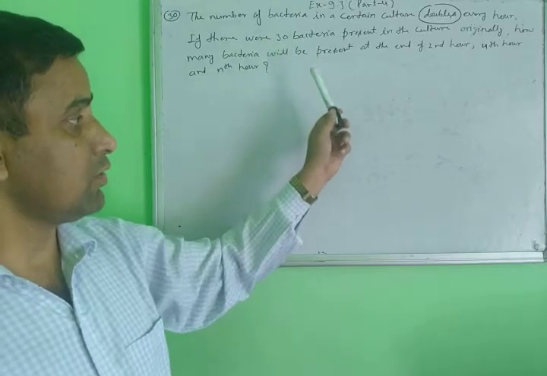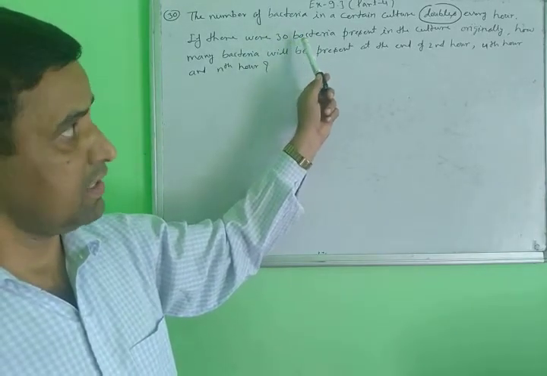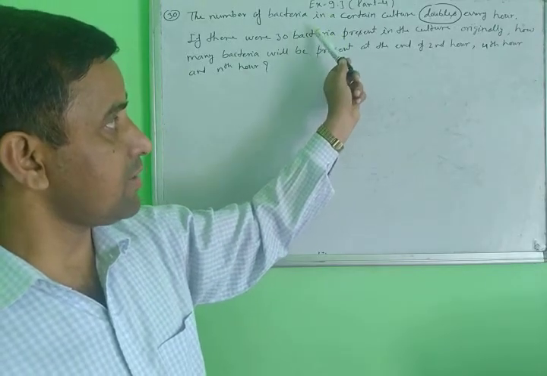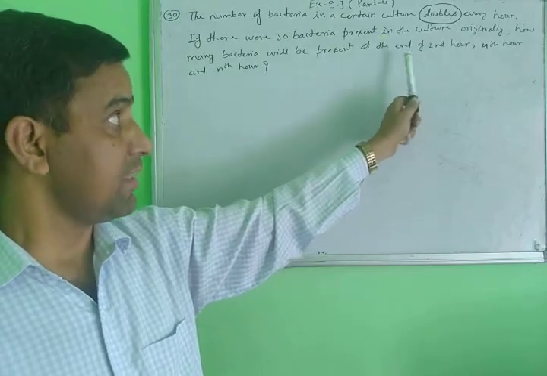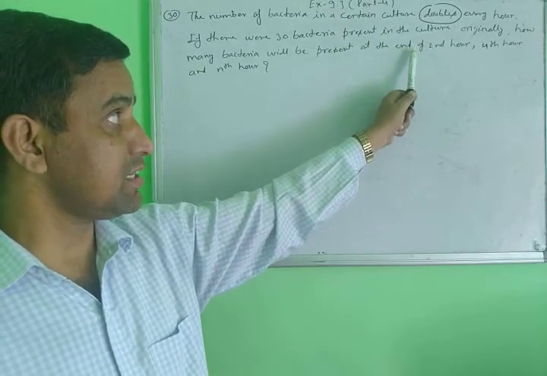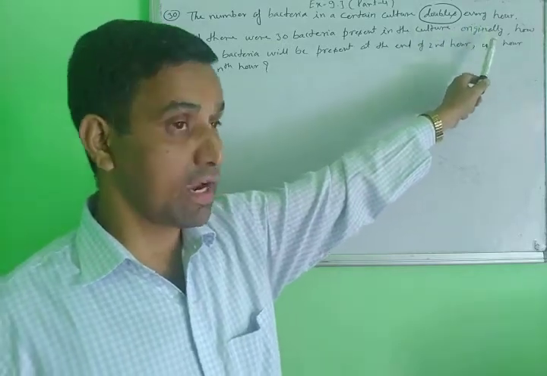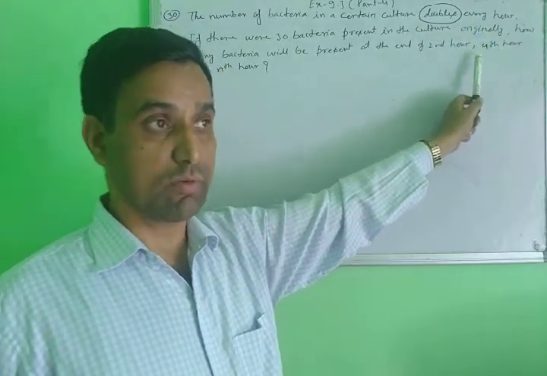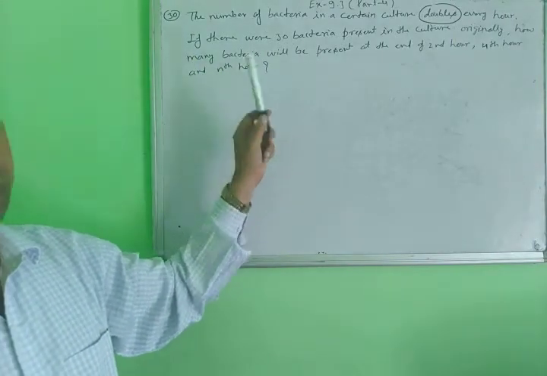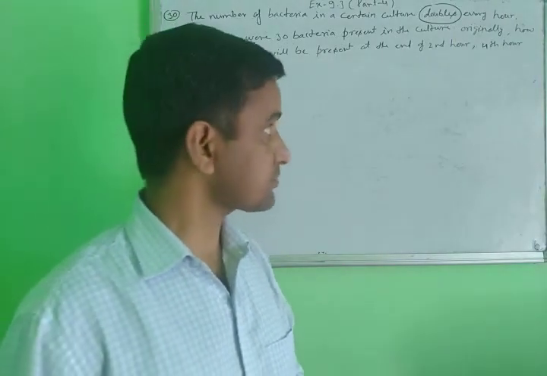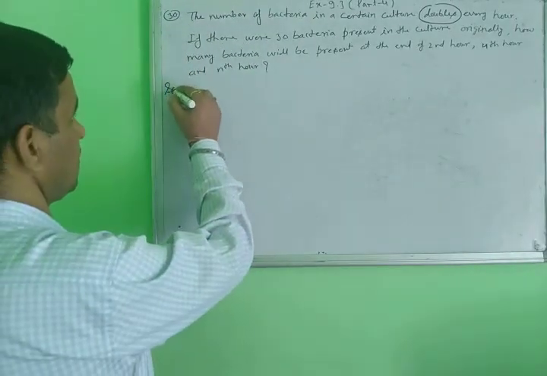How many bacteria at the end of the second hour, not the starting one? Be very careful. End of the fourth hour, not the start of the fourth hour. End of the nth hour. So very carefully. Yes. Now start the solution here.